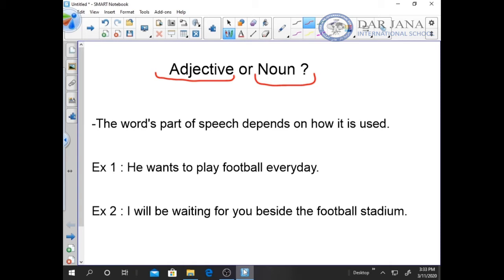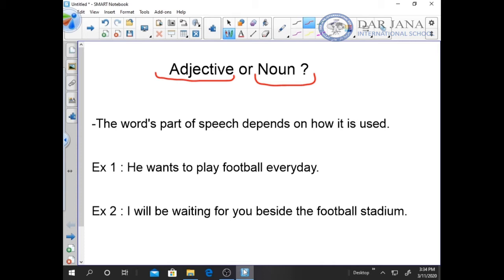And the noun is a word that names a person or a place or a thing. So how do we know if a word in a sentence is used as an adjective or as a noun? The first thing we need to know is that the word's part of speech depends on how it is used.